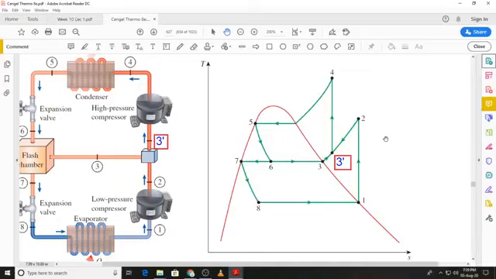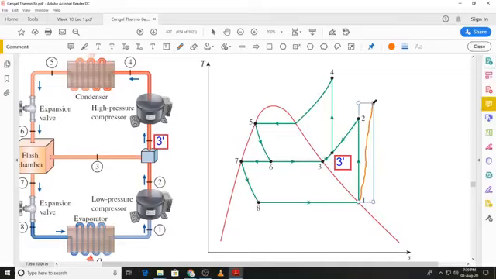The difference between this figure and the one that we have to actually draw for the problem that we solved is in the compression processes. We have identified that the compression processes are not isentropic, so they will have to be modified by drawing a line, and I'll just try to show you that line over here. When the compression process is not isentropic, it will be somewhat different, and we can show it by a line like this.